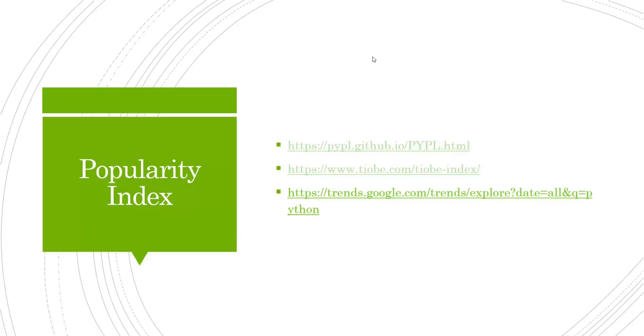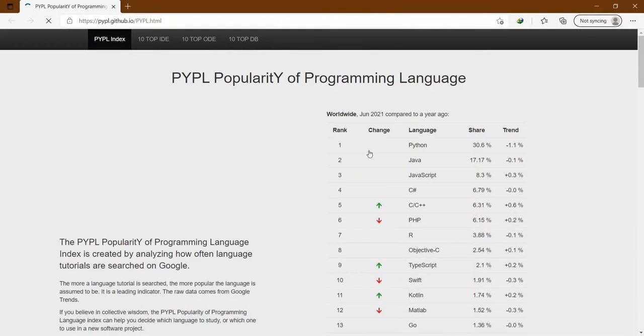Next is popularity index. If we see the popularity of Python, it's in the top 5. Let's see two URLs through which we can confirm the same. One is the PYPL index. As per the PYPL index, right now Python is in the top position based on the June 2021 data.